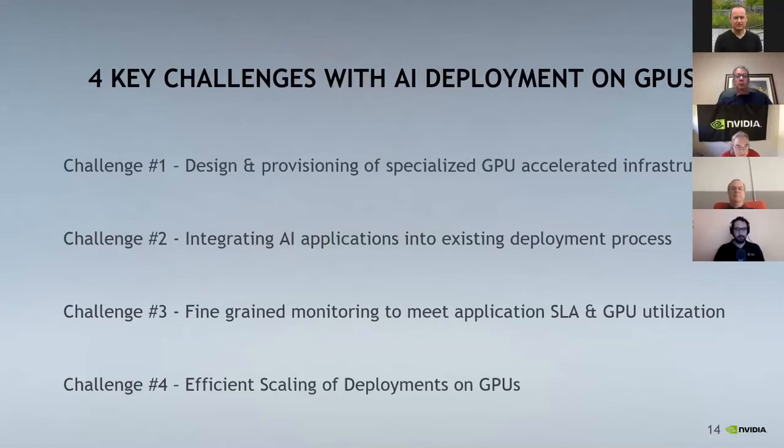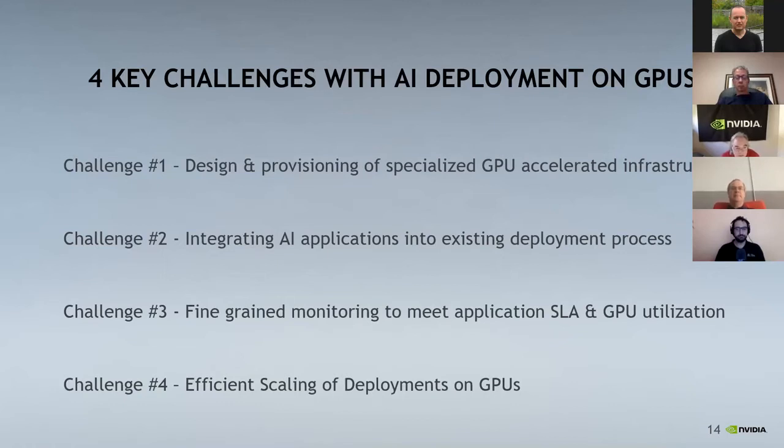Centering around challenge number 1, just the overall design and provisioning of the accelerated infrastructure, followed by the challenge of integrating AI applications into an existing deployment process that perhaps may not have been as agile as developers and their business teams are expecting it to be today.